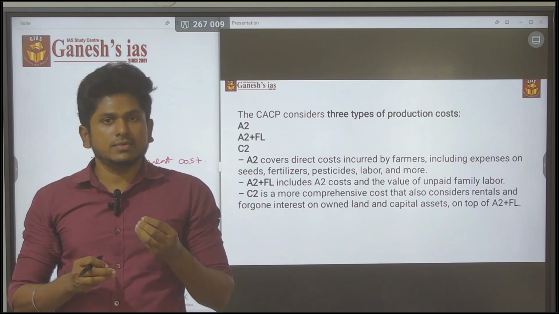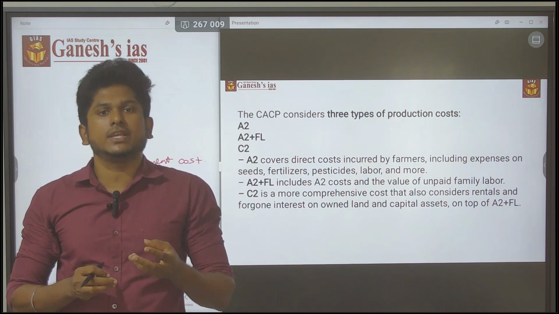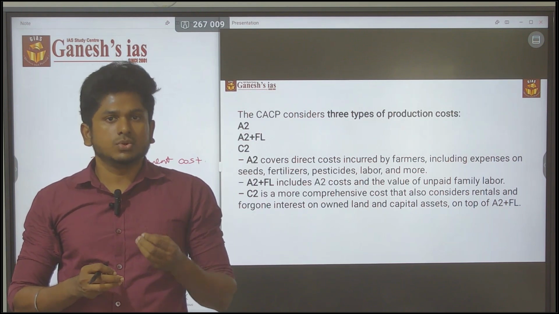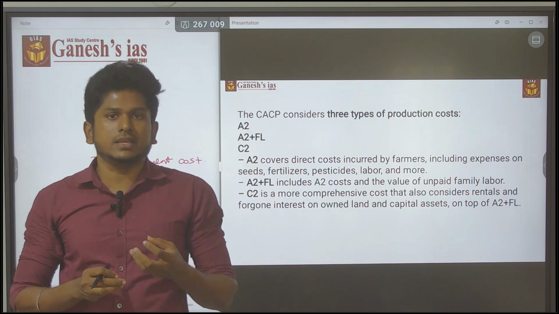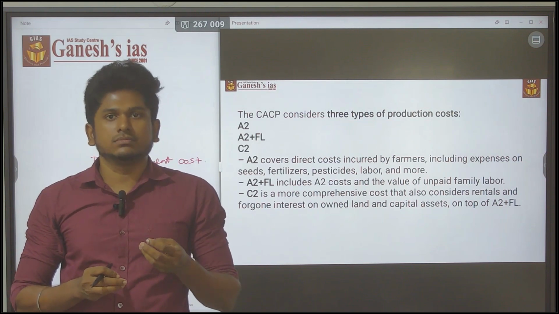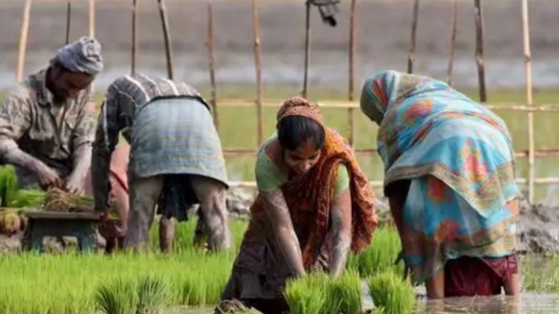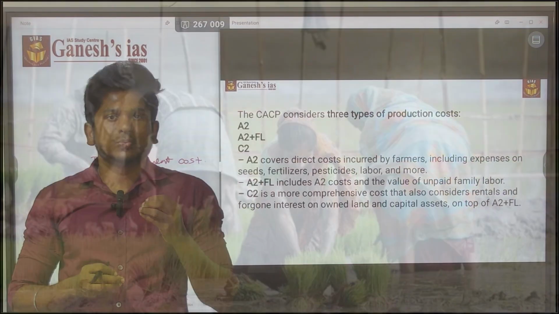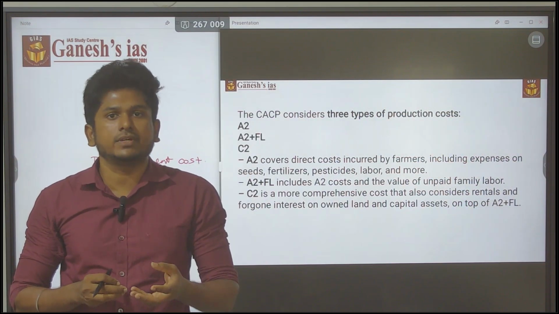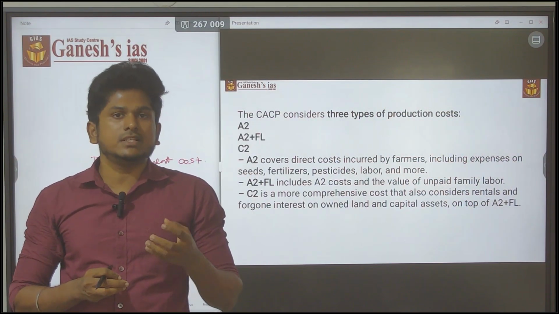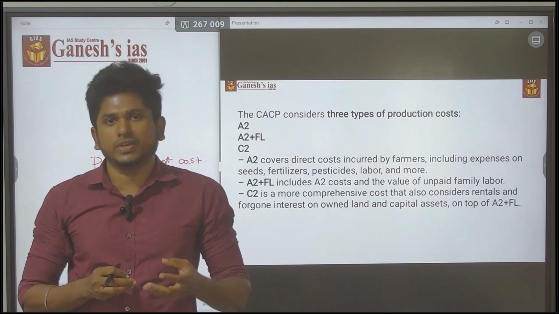If India becomes like that, it will hugely affect the sovereignty of India. So to overcome all these things, they are providing MSP and asking farmers to do farming activities, to push farmers to do farming activities. For that only, this much is done by the Government of India.